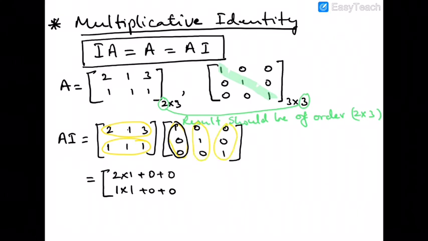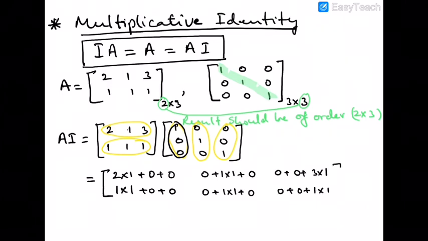So we will get 0 plus 1 plus 0, and 0 plus 1 times 1 plus 0, 0 plus 0 plus 3 times 1, and 0 plus 0 plus 1 times 1, which will give us 2, 1, 3, 1, 1, 1, which is equal to A.